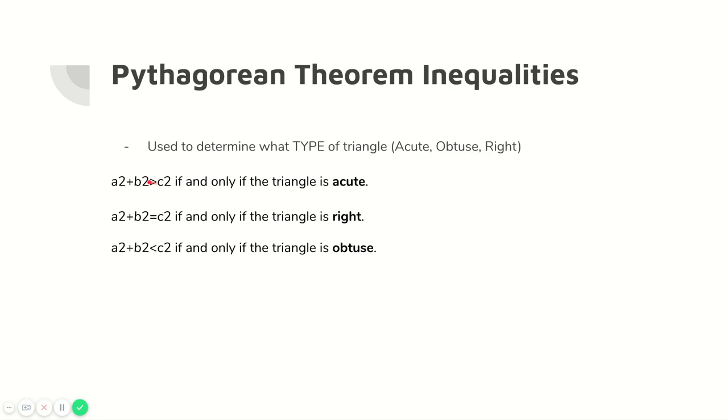If you find that a squared plus b squared is bigger than c squared, then you know that this triangle is actually acute. If a squared plus b squared equals c squared, then you know that the triangle is a right angle triangle. However, if a squared plus b squared is smaller than c squared, then you know that the triangle is obtuse.